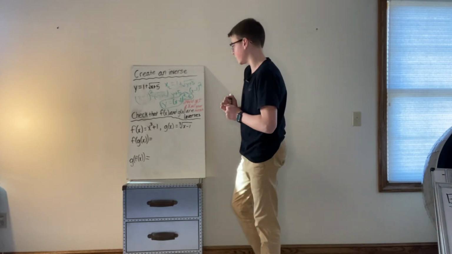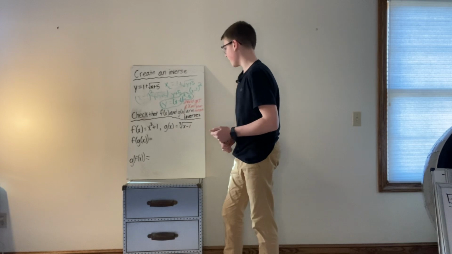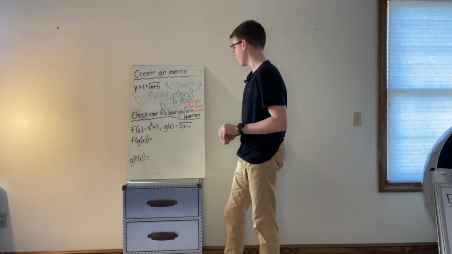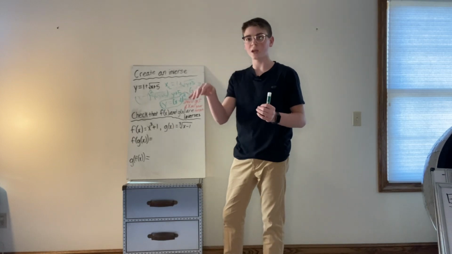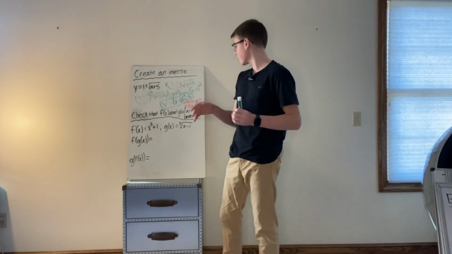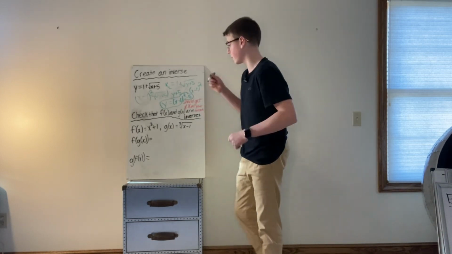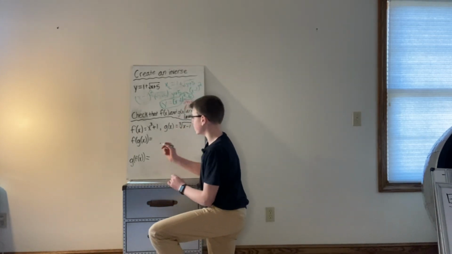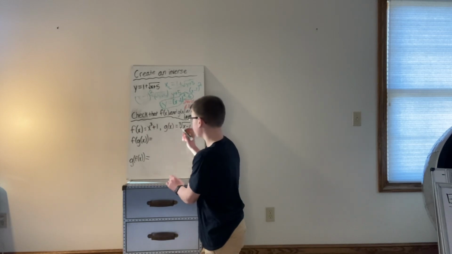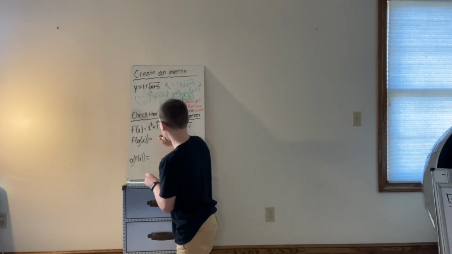So in this next equation, we're going to check that f of x and g of x are inverses. So if they are inverses, when you plug one equation into the other as x, you should get x as an output. So f of g of x means we're plugging in g of x as the x value in f of x.